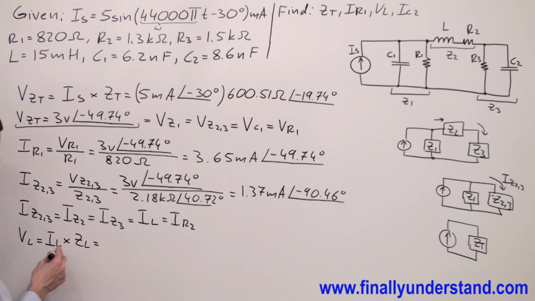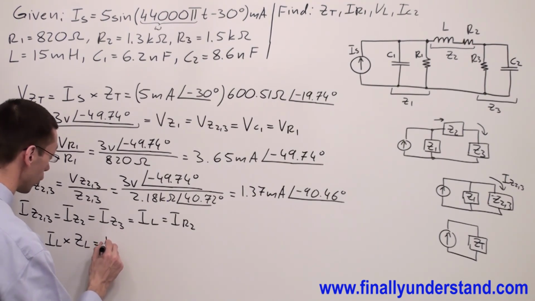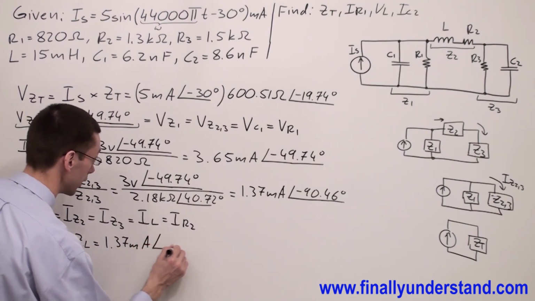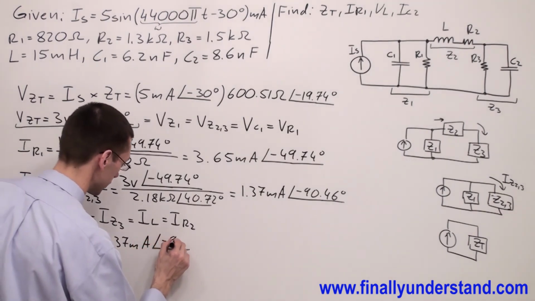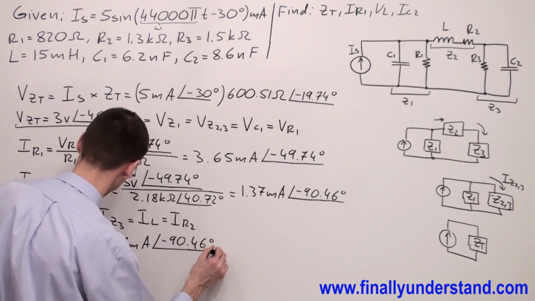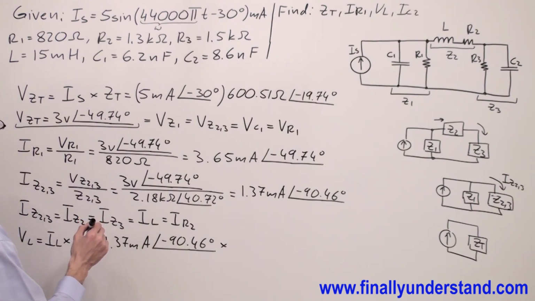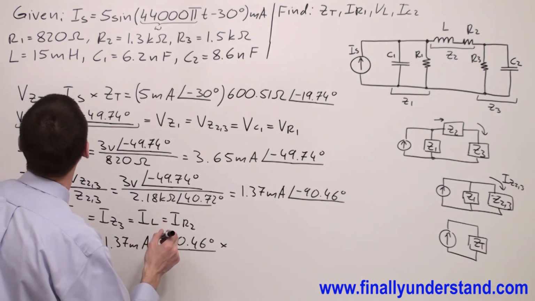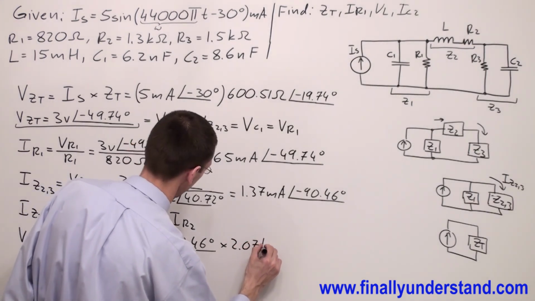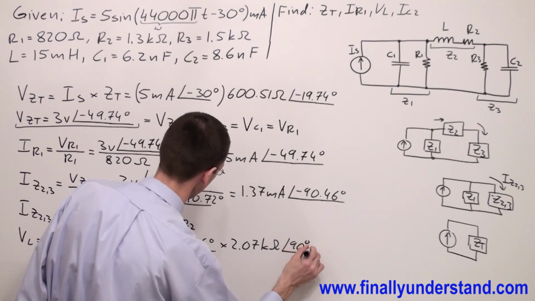Okay, so IL is equal 1.37 milliamps and angle of negative 90.46 degrees times ZL, which is equal 2.07 kilo ohms and angle of 90 degrees.